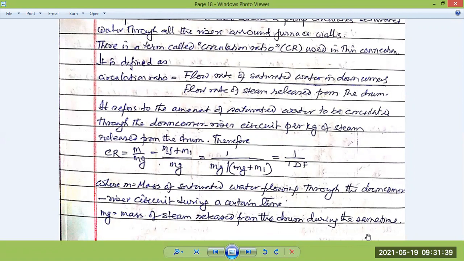So m1 is here m minus mg, which is equal to the mass of the liquid saturated at the riser exit.